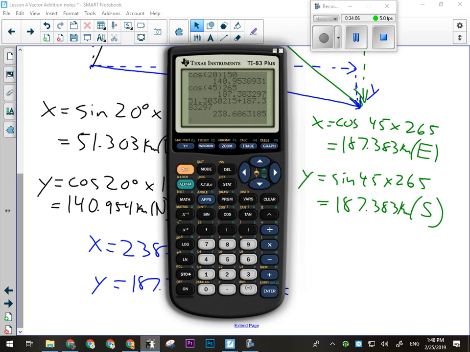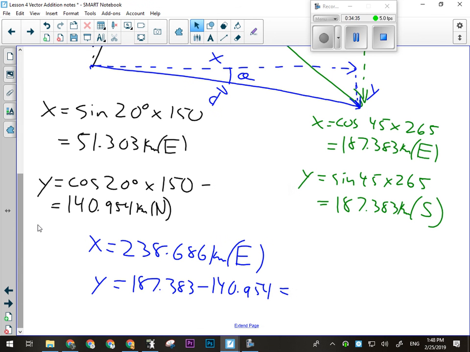So we'll have our 187.383 minus 140.9538931. So my resultant y is 46.429 kilometers, and that's south.